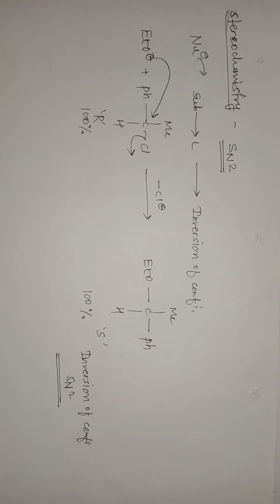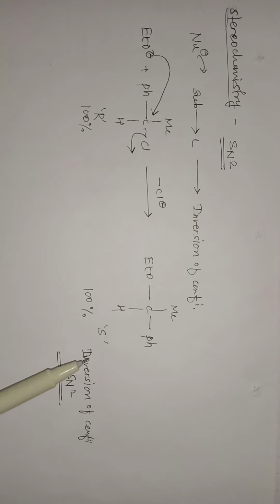So more different products or more substituted products will be there. But in this SN2 reaction, there is no formation of carbocation, only a one step reaction. So it will give you only one product with inversion of configuration. So no side product is possible in SN2 reaction.